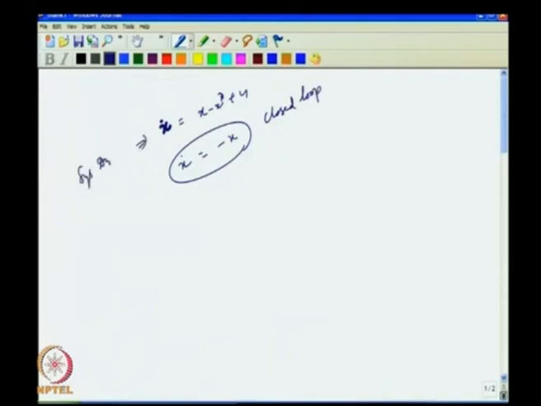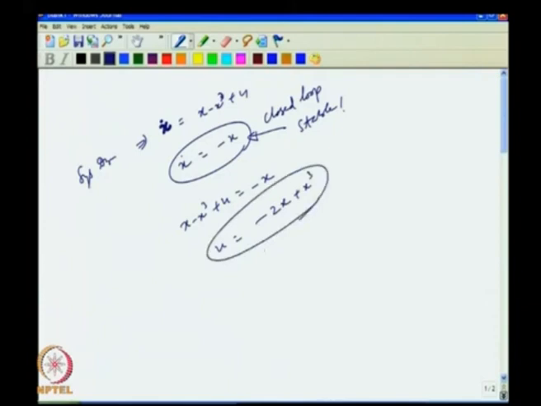If you equate the two, you get x minus x cube plus u is equal to minus x, because we know that this is a stabilizing solution for sure. Then you solve for the control, and it turns out to be minus 2x plus x cube. It is very simple. In one or two lines you can derive the control solution, which will make the system operate like x dot equal to minus x, which is stable anyway.